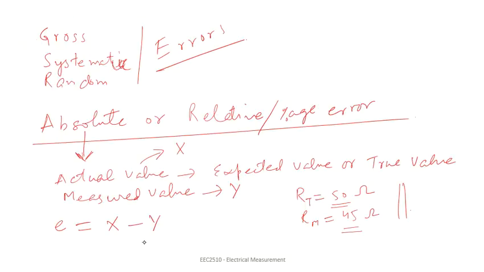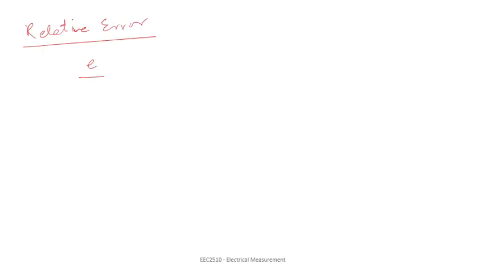So absolute error, that is this e, whatever the magnitude of e will be, divided by the actual value. You have denoted the actual value by x, so e divided by x becomes the relative error. Or if you want to denote it in percentage form, you just multiply it by 100. Whatever value you get here will be the percentage error.